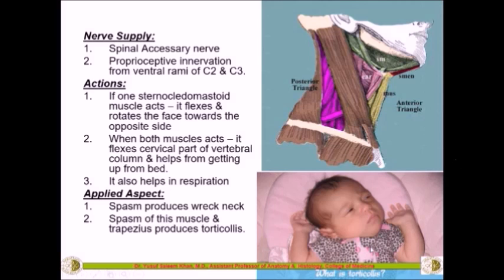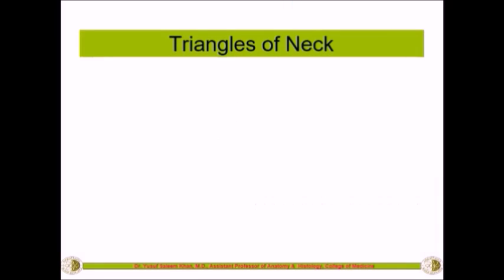The damage is on the other side, where the muscle is not contracting and is totally relaxed, and the muscles on the opposite side are contracting. This leads to a flexed neck, and the contraction of the muscle turns the face towards the opposite side. This is called torticollis.